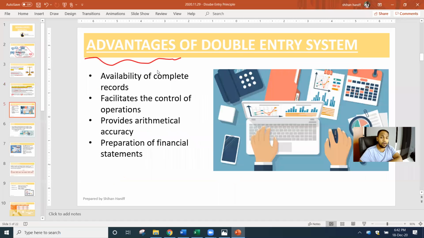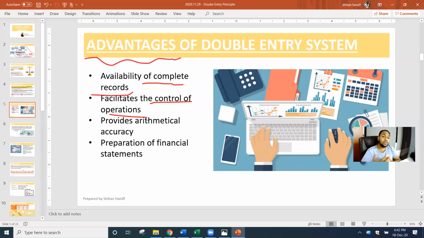What are the advantages? We have several advantages in using the double entry system. When you record the transactions using the double entry system, there will be a complete record, so a transaction will not be missed. You will have a complete set of recordings, a complete set of accounts. It facilitates the control of operations. When you record a debit and a credit, there is a control, there is a link.